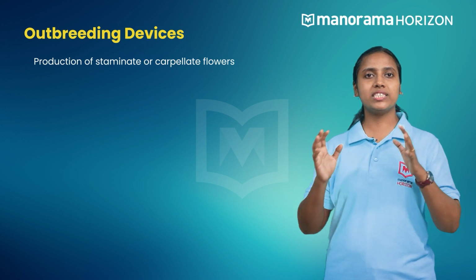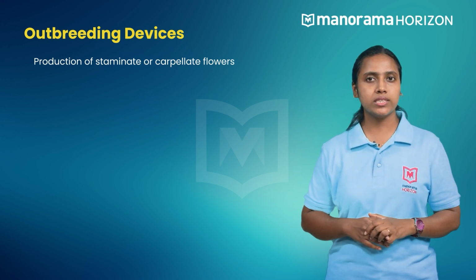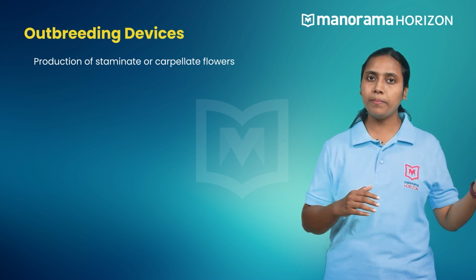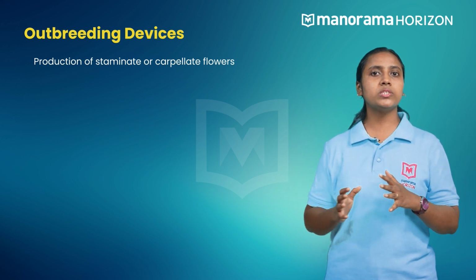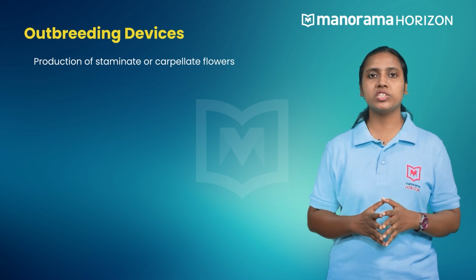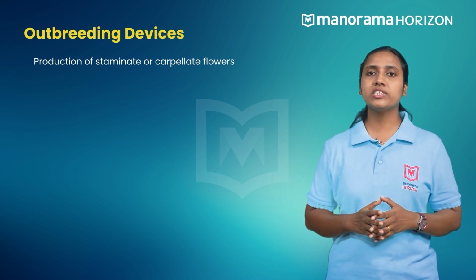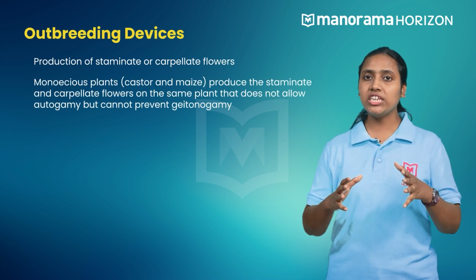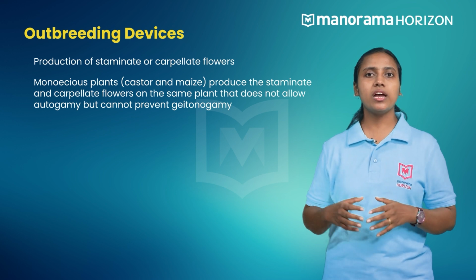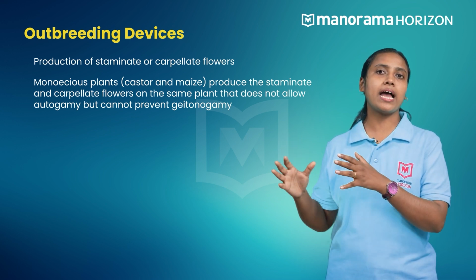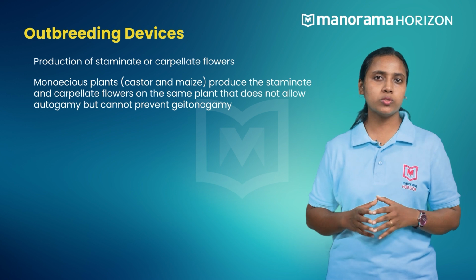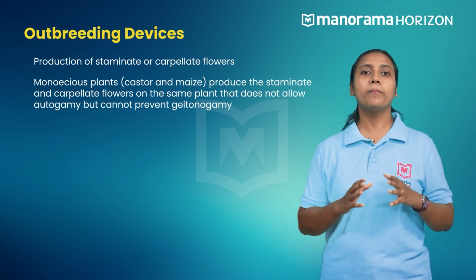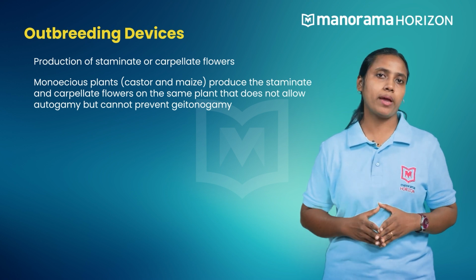Production of either staminate or male flowers, the flowers with stamens but no carpels, or carpellate flowers, the flowers with carpels but no stamens, prevents the chance of self-pollination. Here, monoecious plants such as castor and maize produce the staminate and carpellate flowers on the same plant, which does not allow autogamy but cannot prevent geitonogamy.